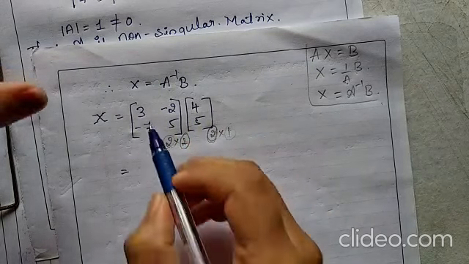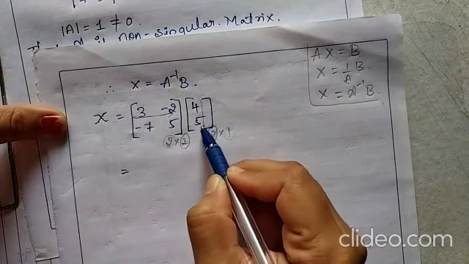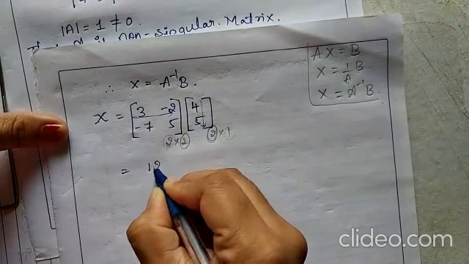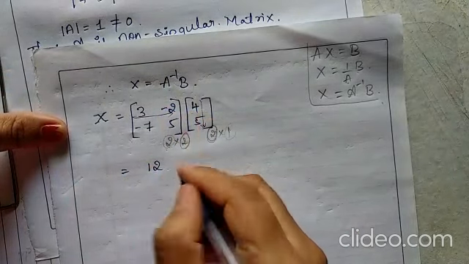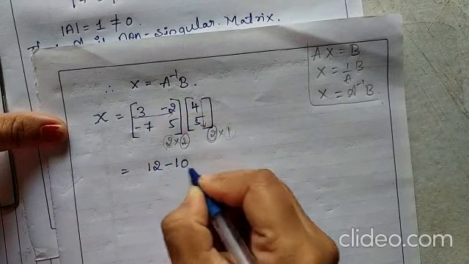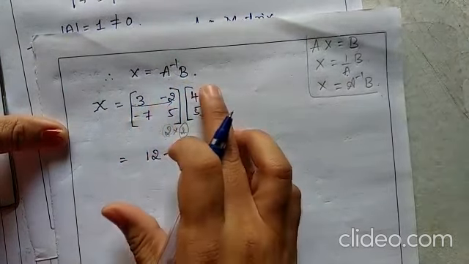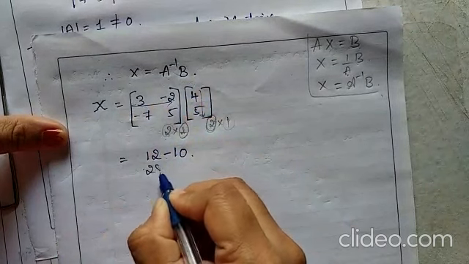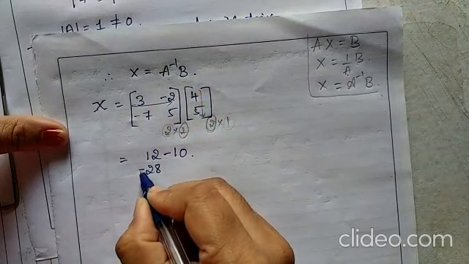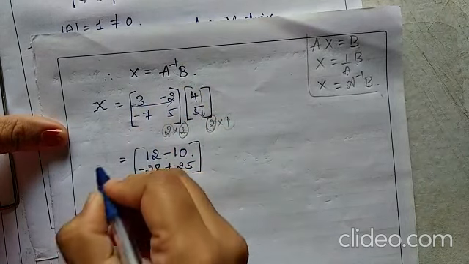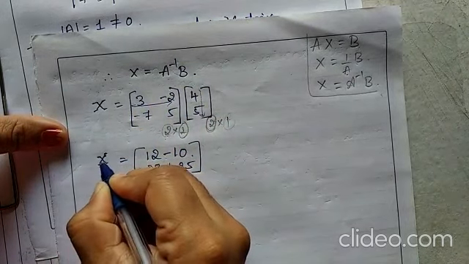So here multiply first row into first column. 3 fours are 12, minus 2 into 5 is minus 10. Then second row into first column. 7 fours are 28, so minus into plus is minus, plus 25. So matrix X is equal to this.